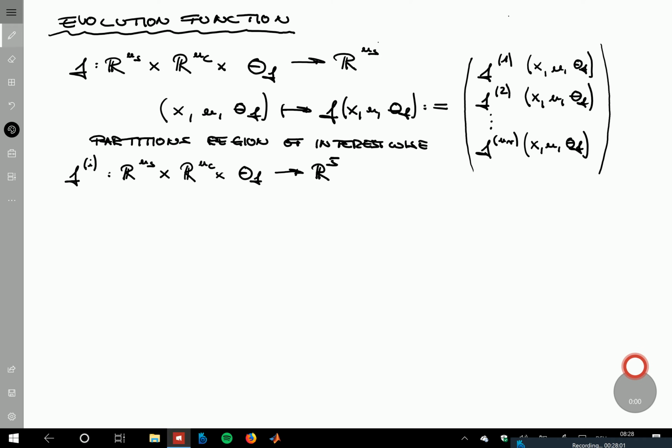We call that xi in R5. That's the state vector for a region of interest i. And i is, of course, 1 to the number of regions.